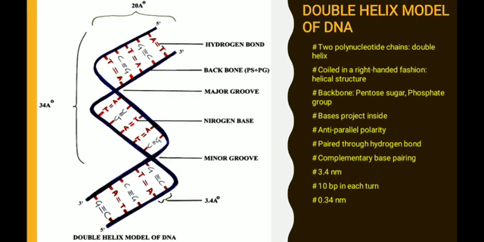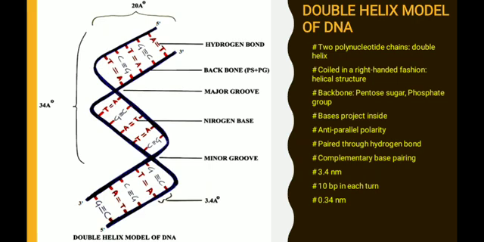If you measure it in Angstrom, that is the smallest unit to measure the length, the distance between the adjacent base pairs is 3.4 Angstrom into 10, that becomes 34 Angstrom. 34 Angstrom means 3.4 nanometer.